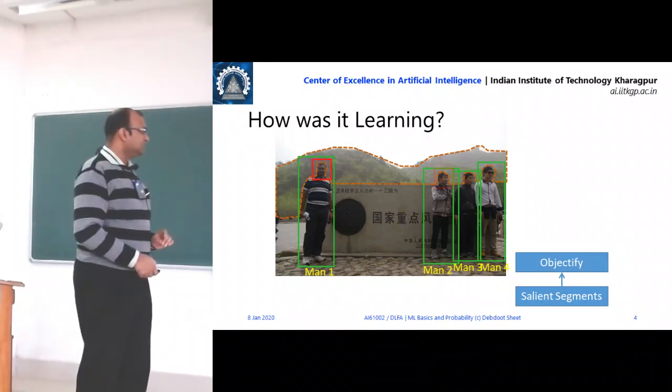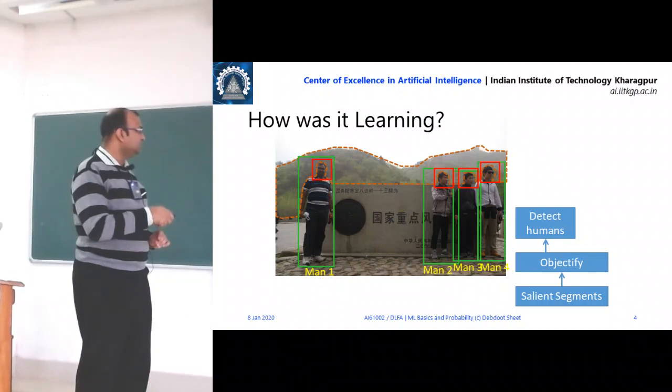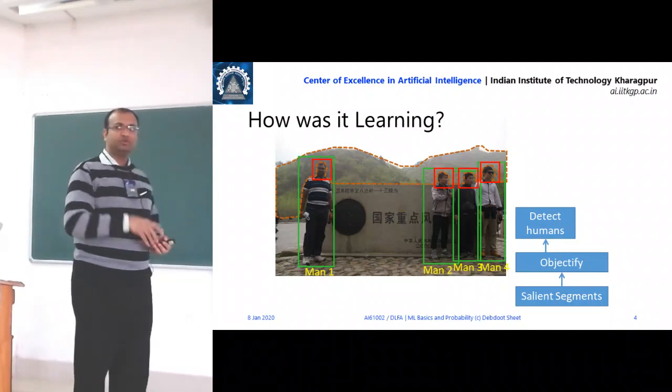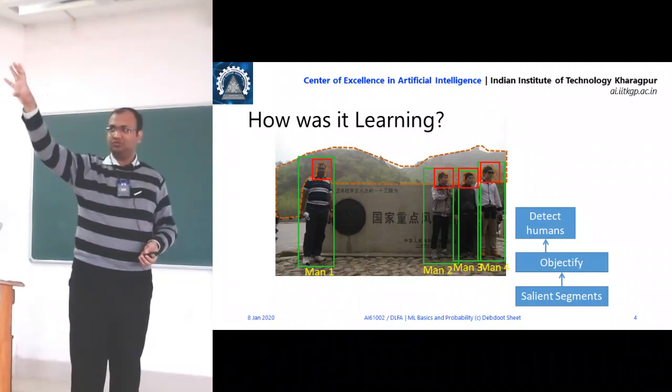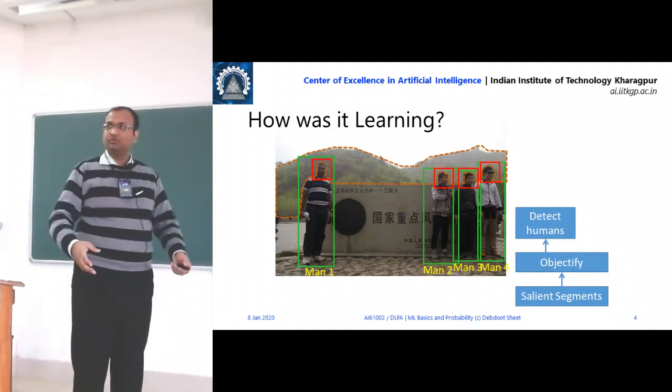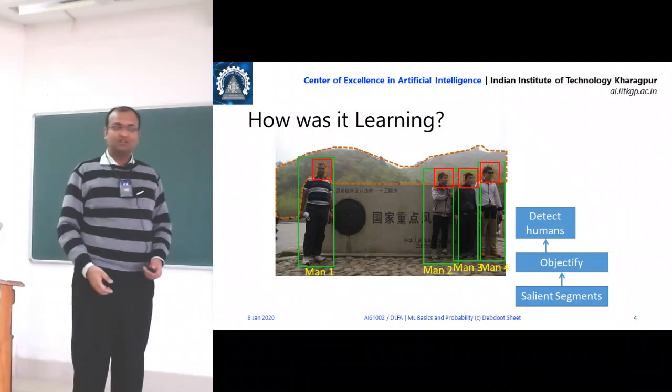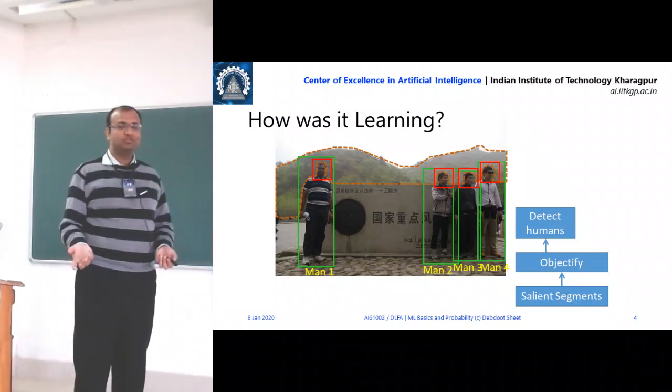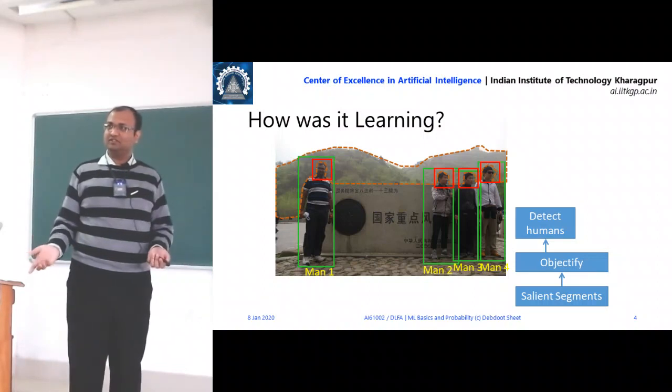Next, once it has identified humans, it can detect that there are humans because there is a face which looks almost like a human. Otherwise, a body like this, which has four limbs and is standing upright, can also be an orangutan or a chimpanzee. Any of these things is pretty much possible.